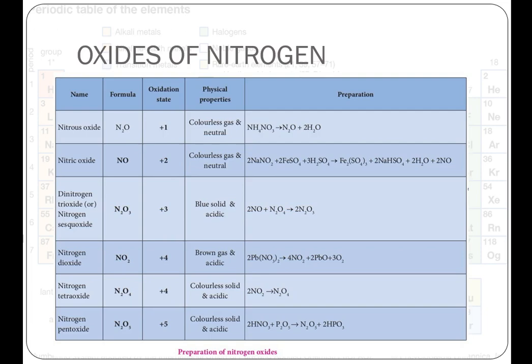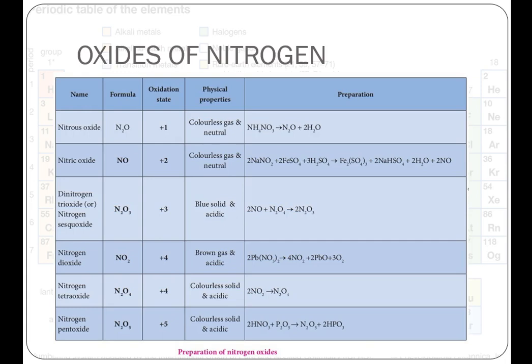Dinitrogen trioxide. Oxidation state is +3. It is a blue solid, acidic in nature, and can be prepared by the action of NO with N2O4. Nitrogen dioxide. Oxidation state +4. It is brown and acidic, and can be prepared by decomposition of lead nitrate.